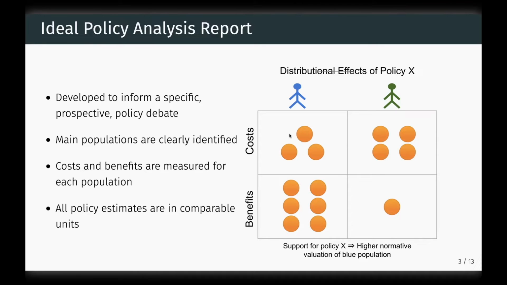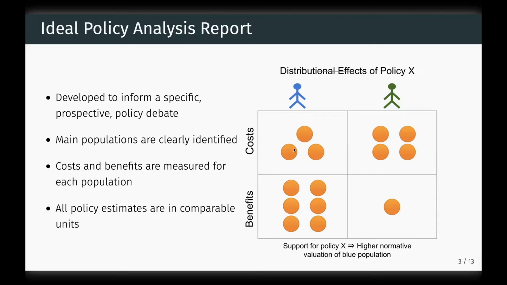Second, it would have the key populations clearly identified. Here, I'm just separating them into the blue population and the green population. And for each population, you would clearly see costs and benefits, or the different effects across these populations, ideally using comparable units. So you would, in this case, compare oranges to oranges.